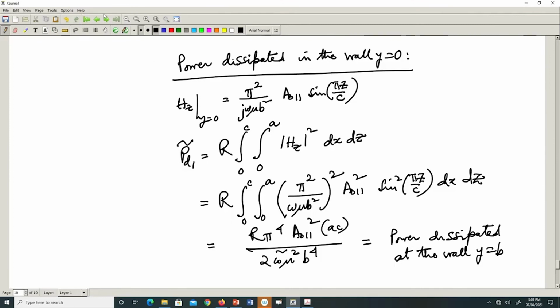So, similarly, we can find the power dissipated at the surface x equal to 0.